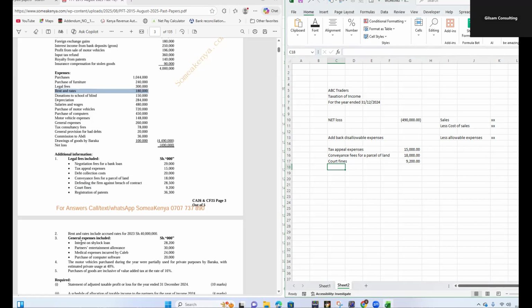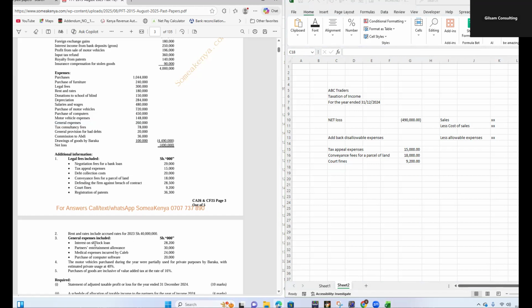Now we go to number 3, general expenses. The accountant has subtracted 260, but within this 260 there are some elements which are not allowable expenses. Let's see. Number 1, interest on Shylock loan.